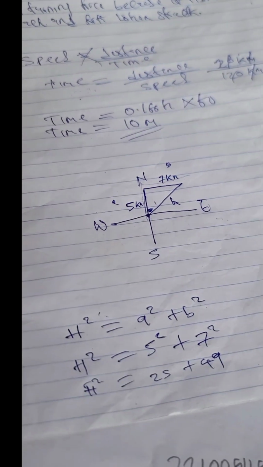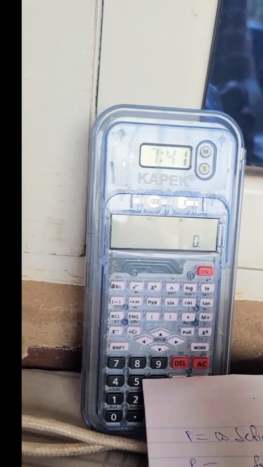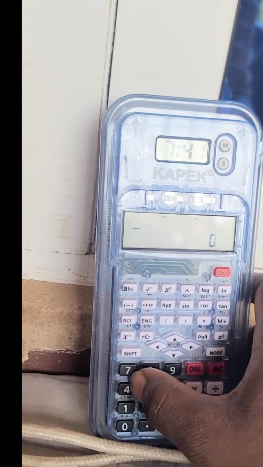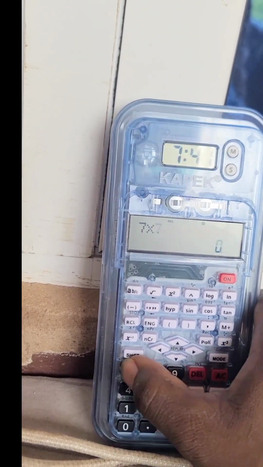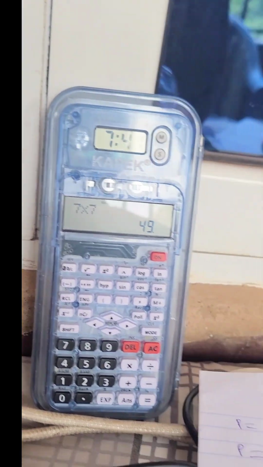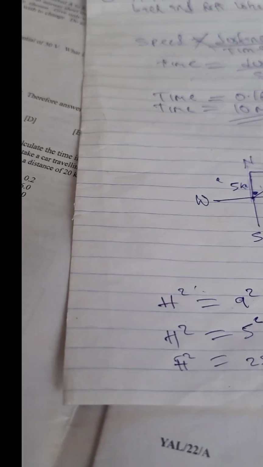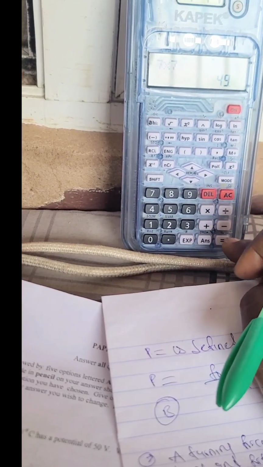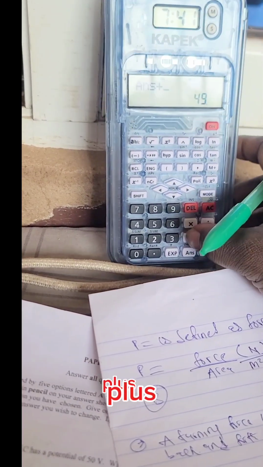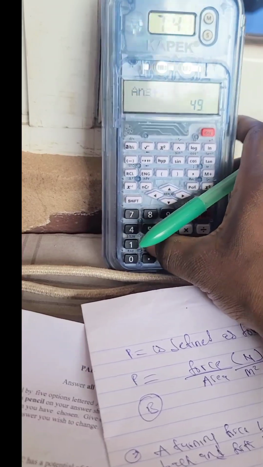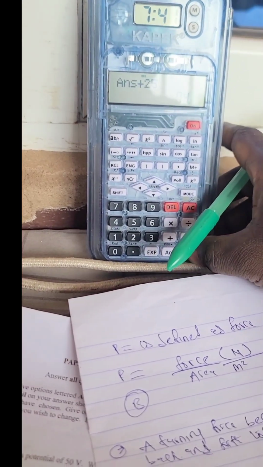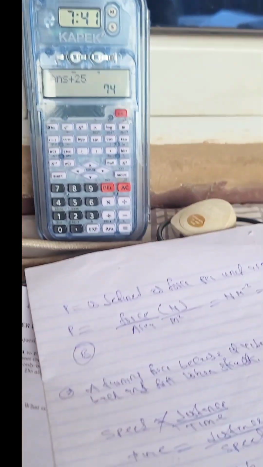Let's check our calculator. 7 times 7, yeah, 49. So we are right. Okay, so 25 plus 49 should give us 74.